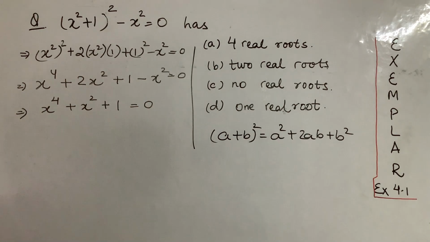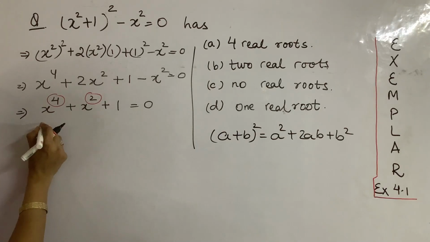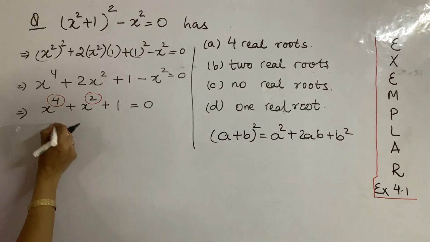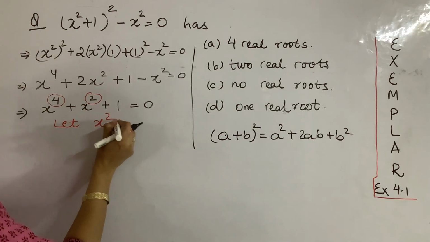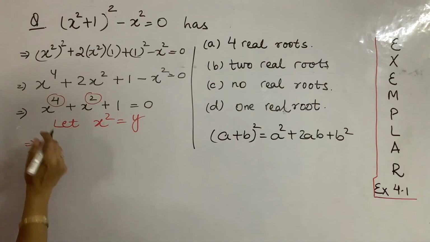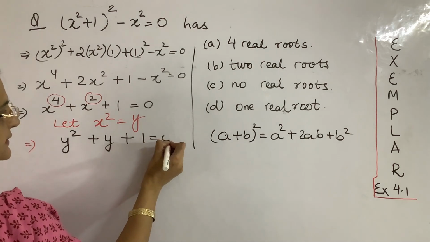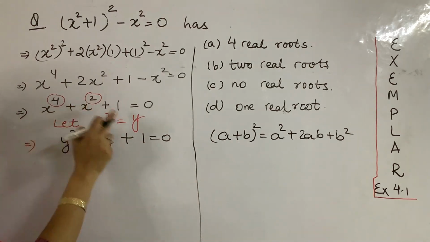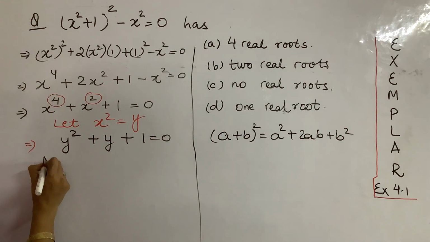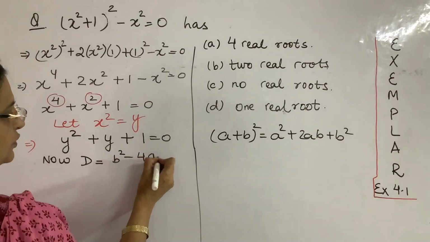But now the problem is it is x to the power 4 over here and x square over here. So what do we do? This becomes an equation reducible to quadratic equation. So in such kind of equations, we will say let x square be equal to y. So this equation becomes y square plus y plus 1 is equal to 0. x square की जगह हमने क्या लिख दिया है? y. Now discriminant in this case is b square minus 4ac.